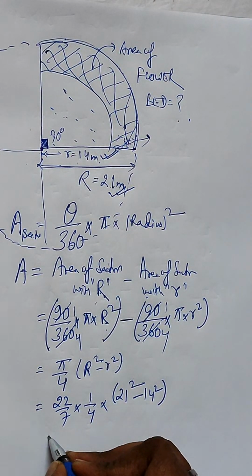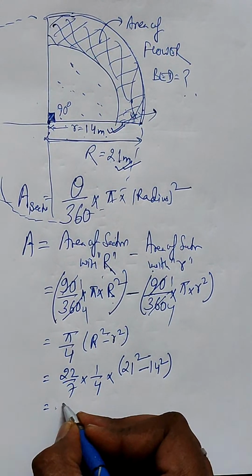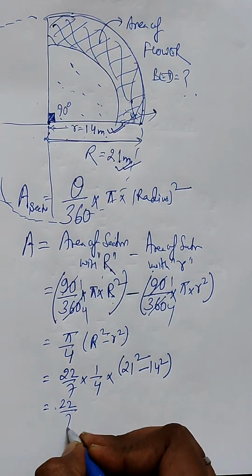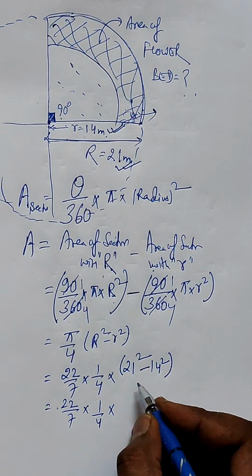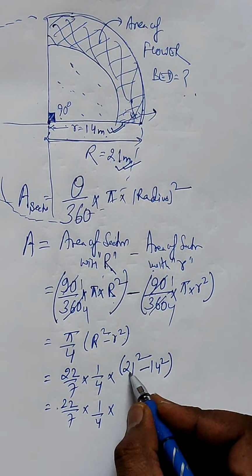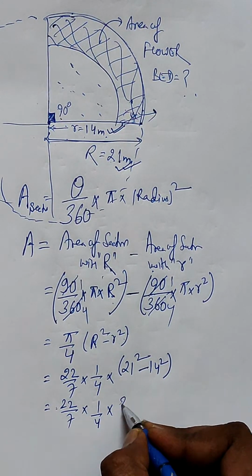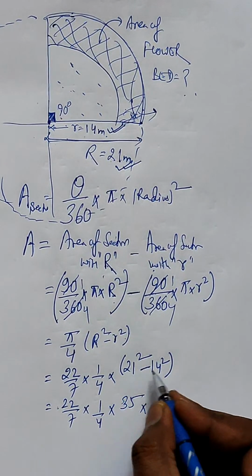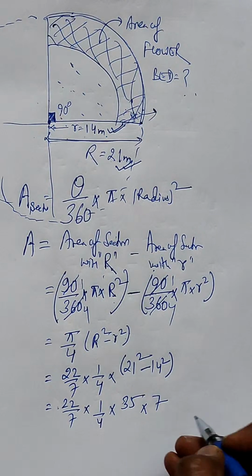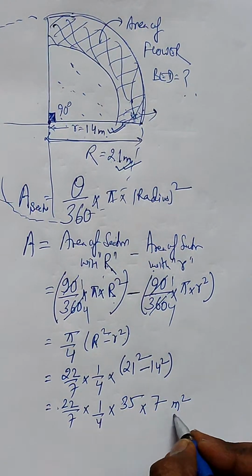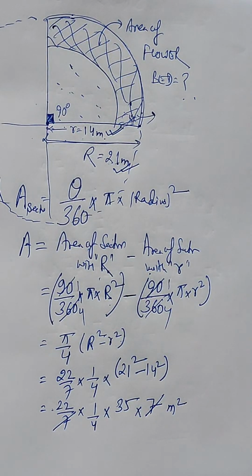So this will be 22 by 7 into 1 by 4 into 21 plus 14 and 21 minus 14. 21 plus 14 is 35 and 21 minus 14 is 7. The unit is meter squared, the area of the flower bed. 7 and 7 will be cancelled out, right?